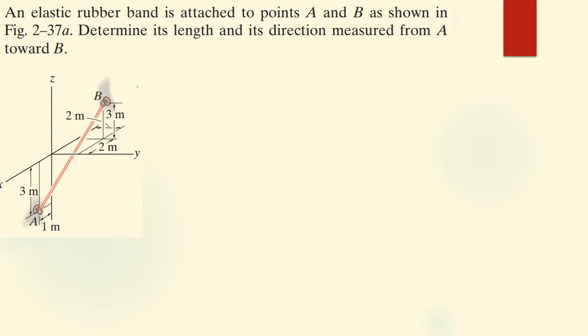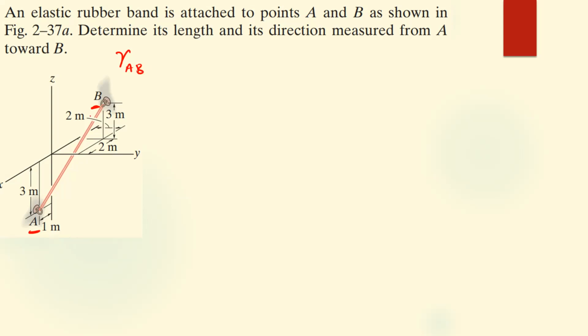So how do we get the magnitude or the length of this rubber band? We know that it's from A to B. So to find the position vector of this, we're going to say the position vector will be RAB.